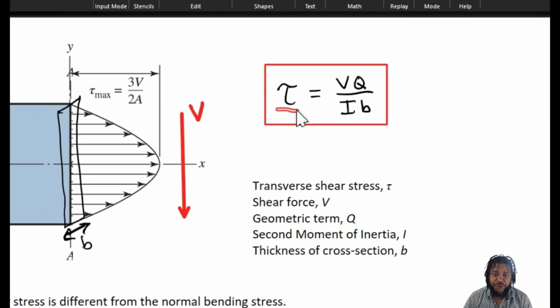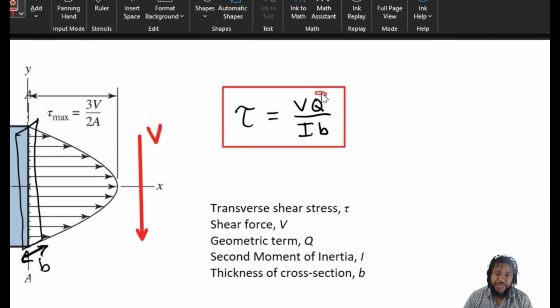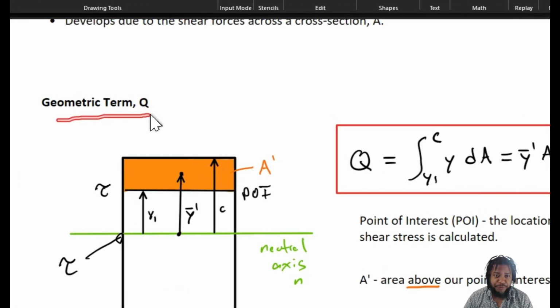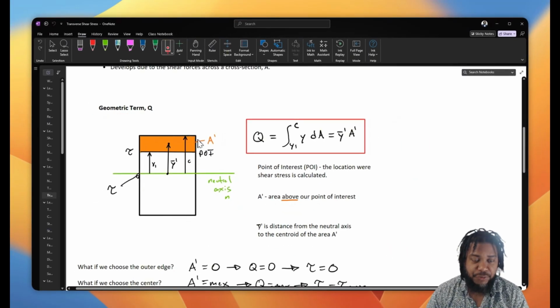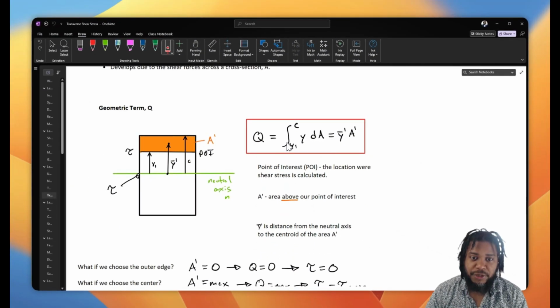Now, in finding transverse shear stress, probably the harder thing that we need to do is understand this geometric term Q and figure out how to calculate it. So if we're looking down on our cross-section, Q is equal to the integral from y1, which is the lower edge from our point of interest, to C, which is the outer surface of our geometry, of y over a differential area.